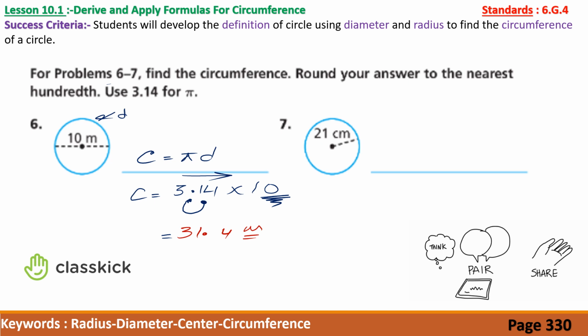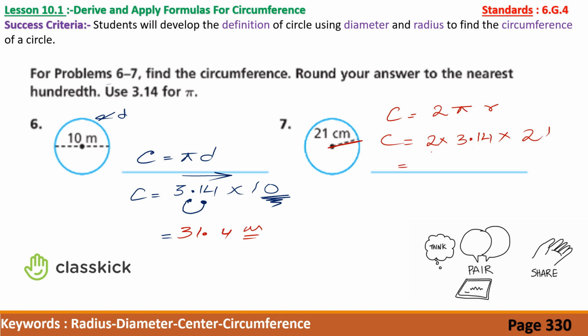Okay, here we have 21 centimeters. C equals, you can see this is the radius, not the diameter, so we will write 2 pi r. So 2 as it is, pi is 3.14 and radius is 21. Now multiply 2 with 3.14.